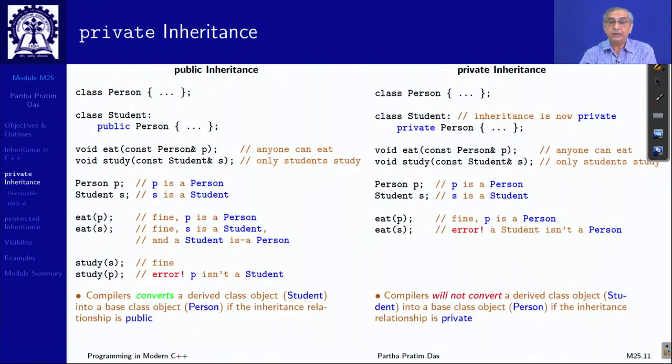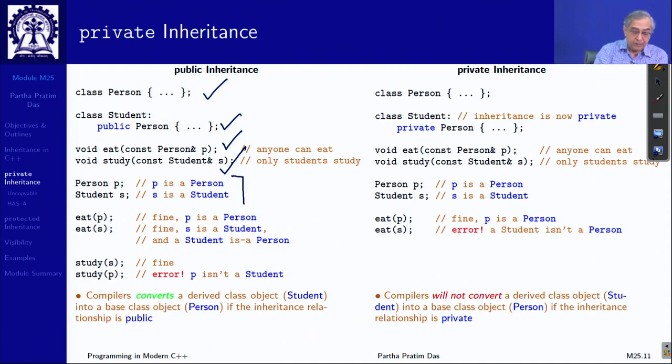If I code it in terms of C++, I have a person, and I have a specialization of that person as a student. This is easy, student is a person. So, then if I have a function to eat, a function to study, eat should take a person because everybody eats, study should take a student because only students study, right, others do not.